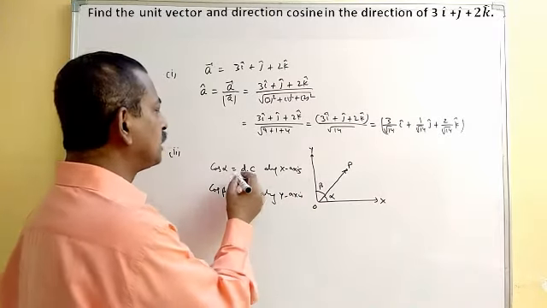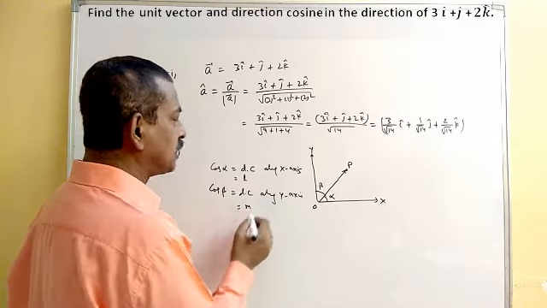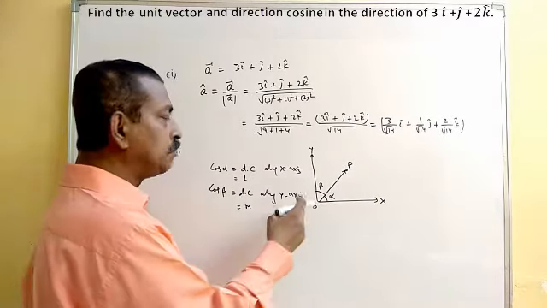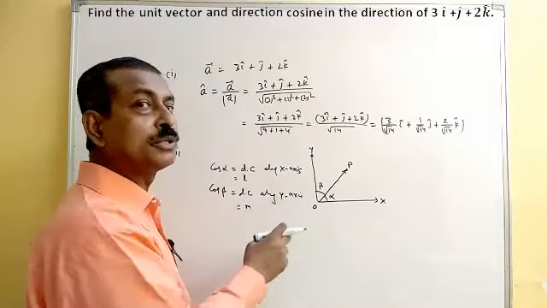Normally, in mathematics, it is represented as L, M, N. And if suppose the z-axis is there, then we'll see how much angle it is making with the z-axis.